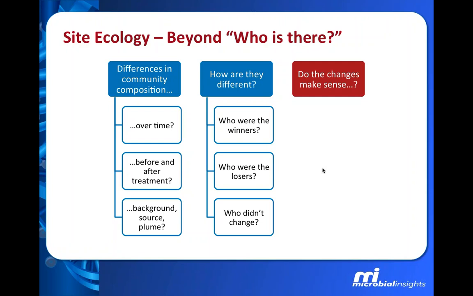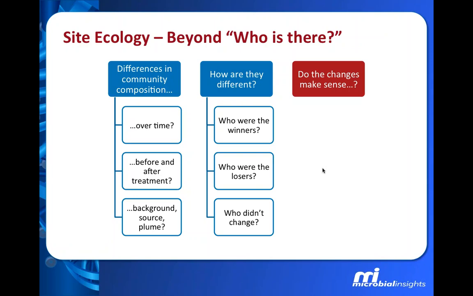So we can do this over time. How stable is our community? Is it changing just over time? What does it look like before and after we do a treatment? What was the shift that we created? Did we have the intended shift from our treatment? How does our background look versus source area versus down gradient? So we get a good view of our plume.